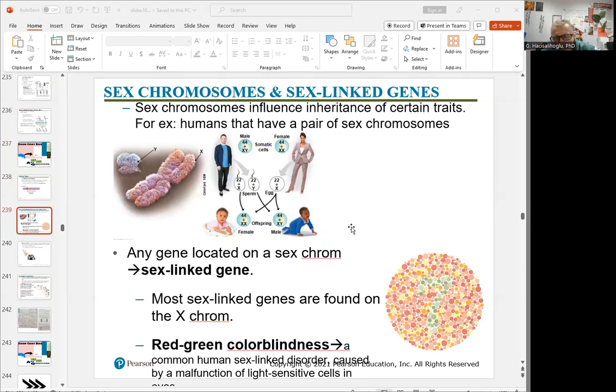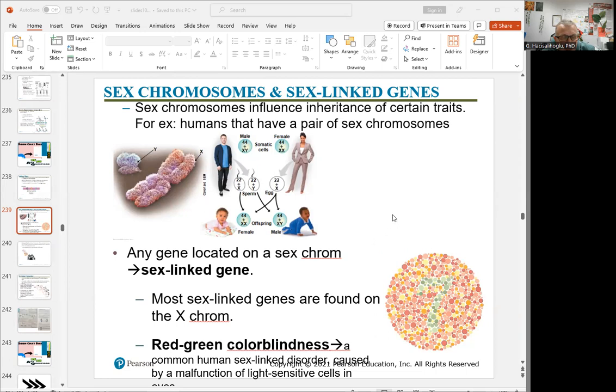That brings us to another thing they studied, which is sex chromosomes. If any genes are on the X or Y chromosome in humans, they are sex-linked genes. Especially the X chromosome has a lot of other genes besides those for sex.